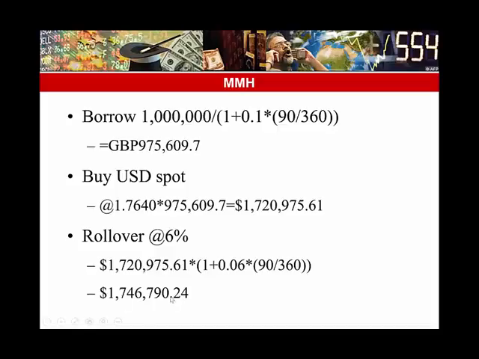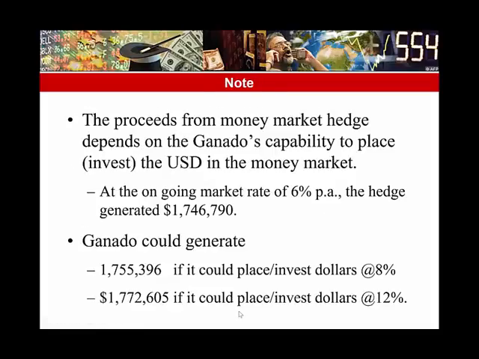So this amount is inferior to using a forward contract directly. When should we use a money market hedge? If it produced a better amount than the forward contract, we would maybe consider it. But by the parameters that we used, the forward rate is offering a better deal for us. There is no point in engaging in a money market hedge. However, there is a caveat here, which I'm considering in the next slide.